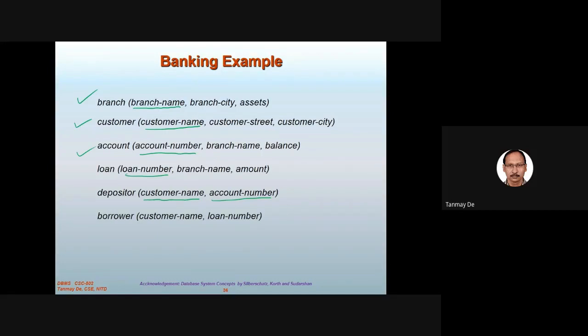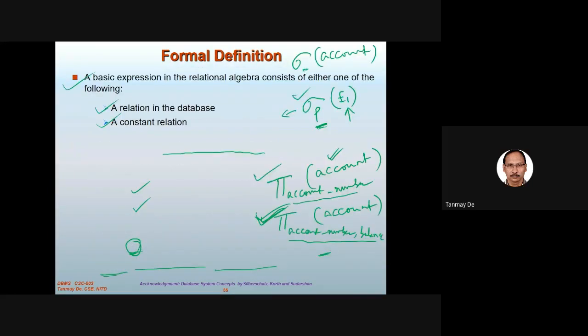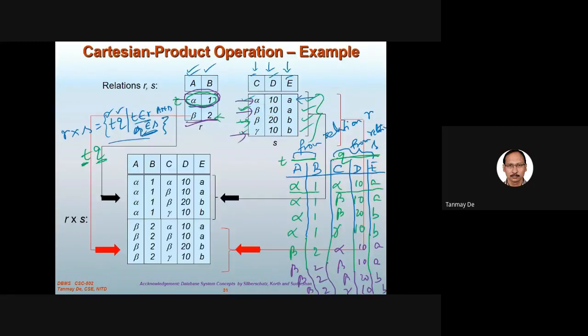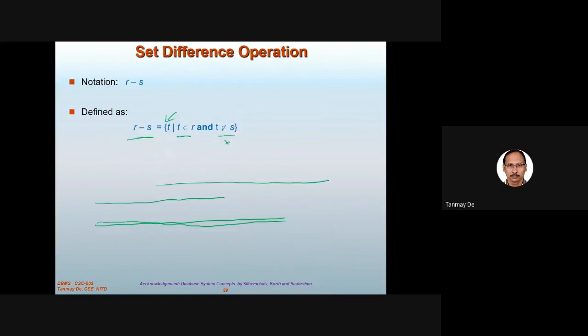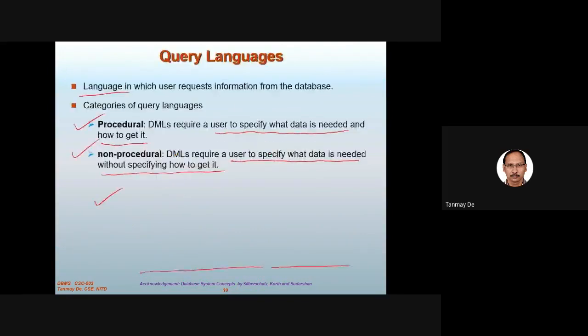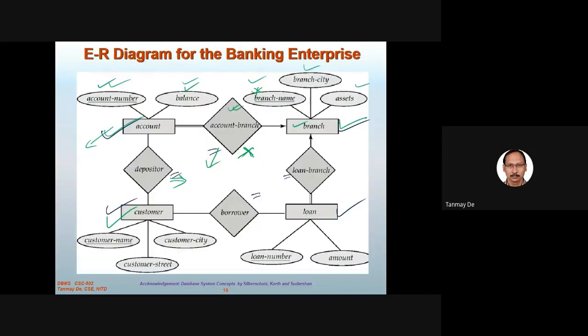And the borrower relation, similarly, the combination of these two. These relations are actually derived from the entity relationship diagram. Do you remember this one? The ER diagram helps us find out the relations.